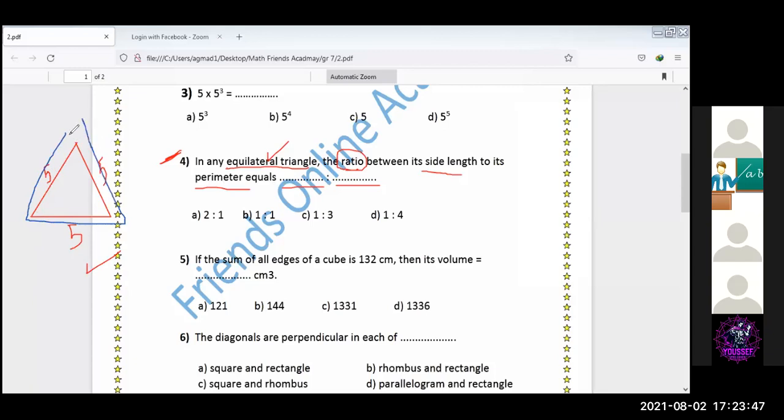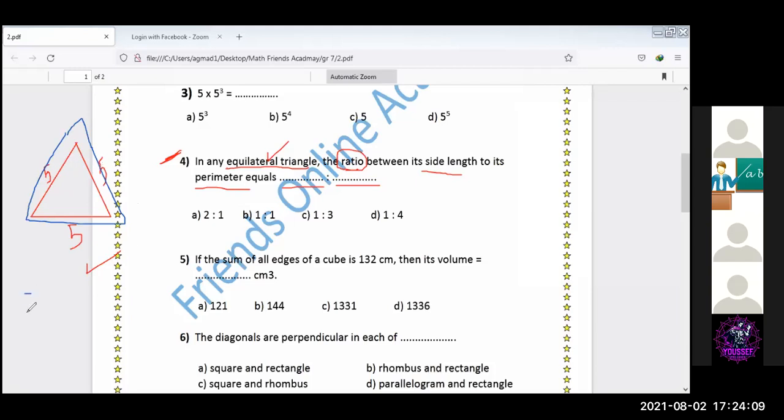If you move around any polygon and add all the sides, you bring the perimeter of it. The square, move around it and add all the sides. The rectangle, the same. Here also, if you add 5 plus 5 plus 5, you bring the perimeter of this triangle.